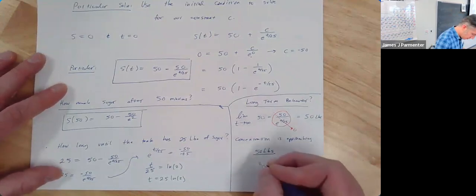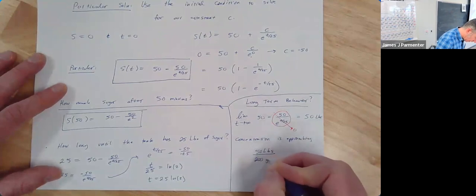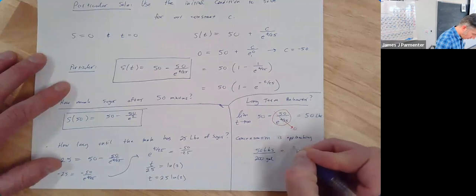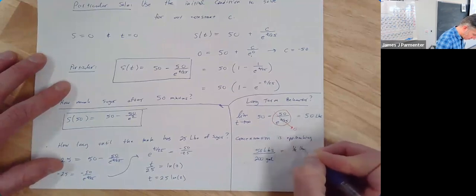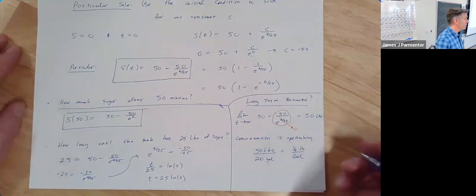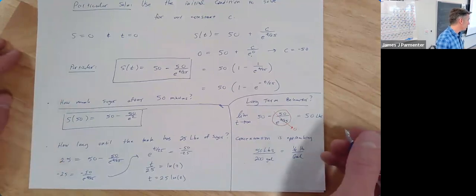I know, 200 gallons. So 50 over 200 reduces down to 1/4 of a pound per gallon. This is exactly the concentration that we started pouring in the first place.